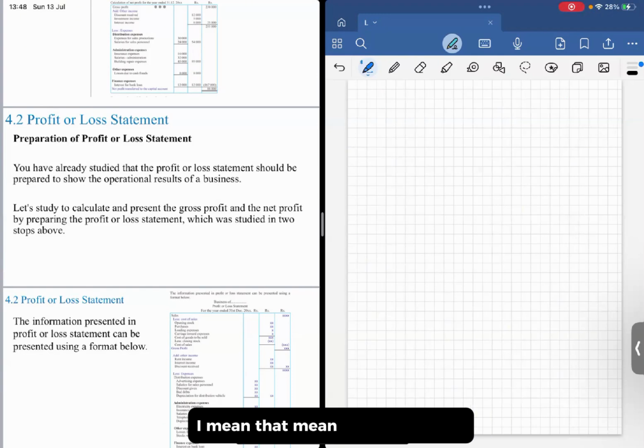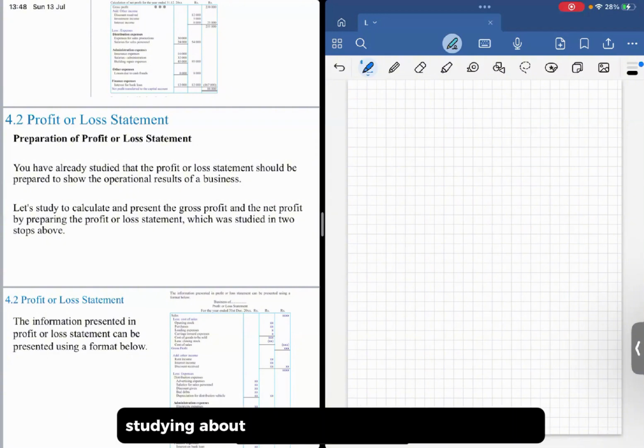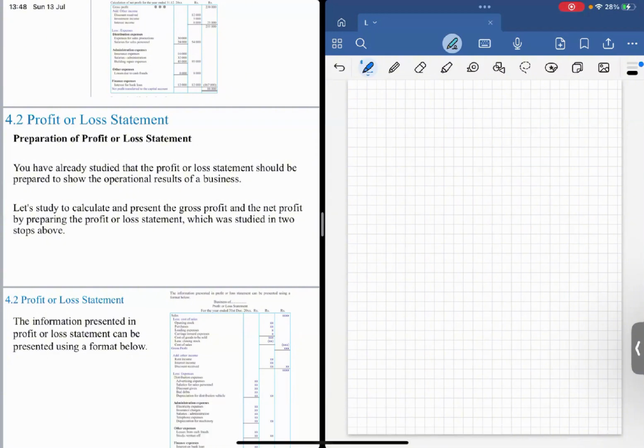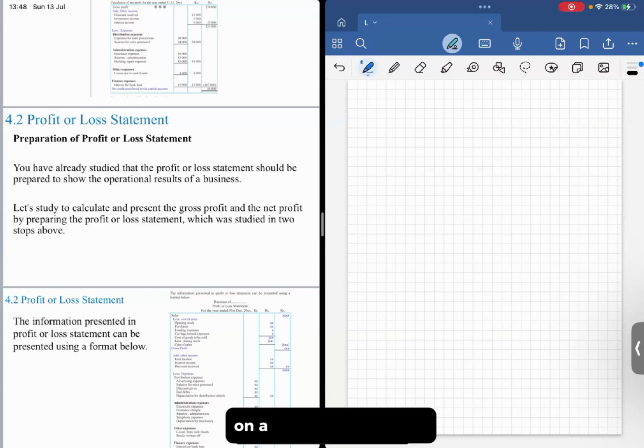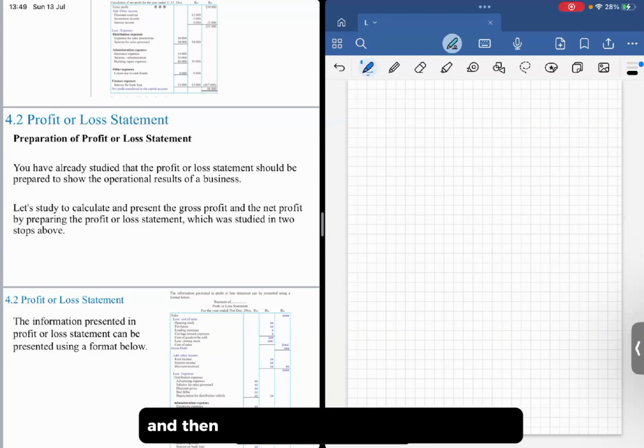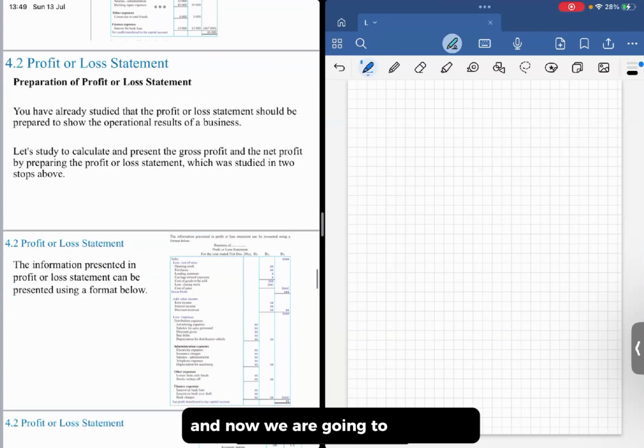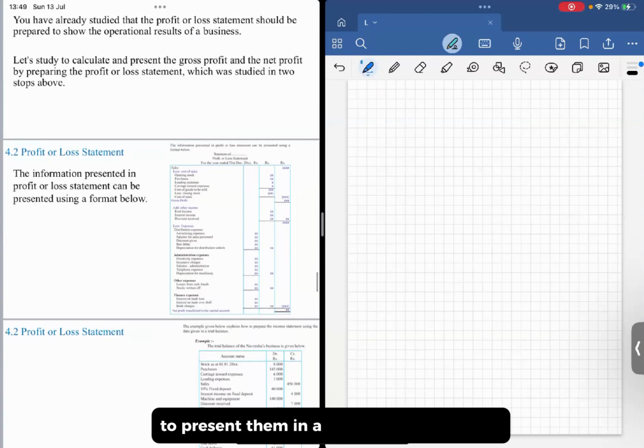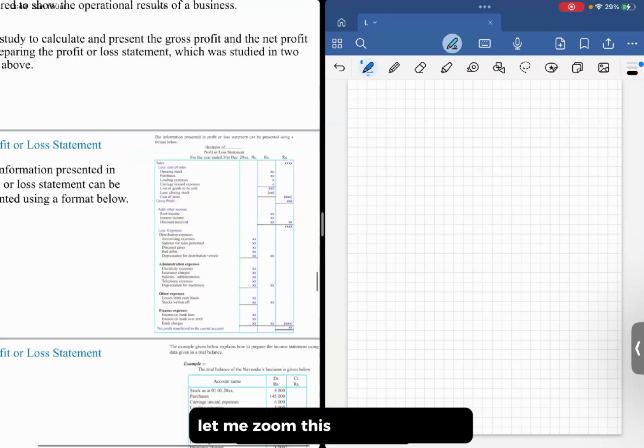The first time we studied how to calculate the gross profit and how to present it on a statement, and then we studied the net profit. Now we are going to learn how to present them in a single statement. Let me zoom this out for you.